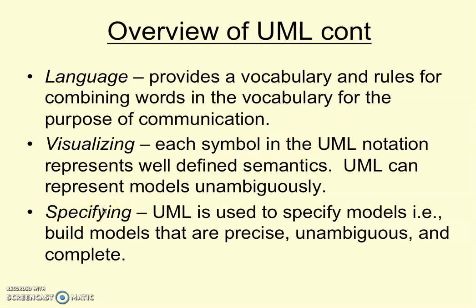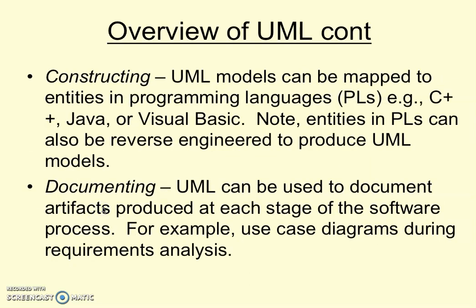So we can build models that are, again, unambiguous, precise, and complete. One of the things that you'll find is that as you're going through your different UML diagrams and UML language, you are going through your different types of diagrams. It's a very iterative approach to make sure that everything is precise and complete.